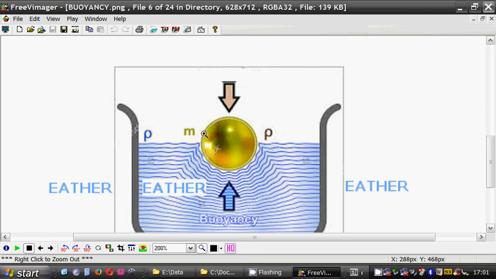So we have this mass which has density. So basically this ether tries to expel this body, which is electric in nature, and ether is not electric in nature. That's my theory.